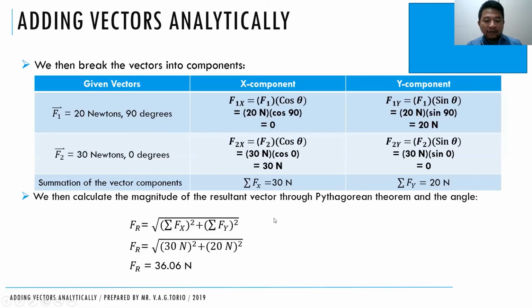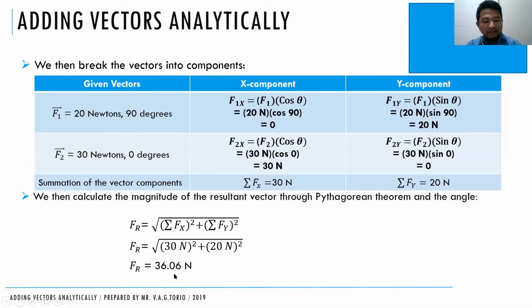Following the Pythagorean theorem, we can substitute the values of the x and y components into our equation, which was introduced as part of the recall of the basics. We substitute 30 newtons for the x component of our resultant force and 20 newtons for the y component, and get 36.06 newtons.